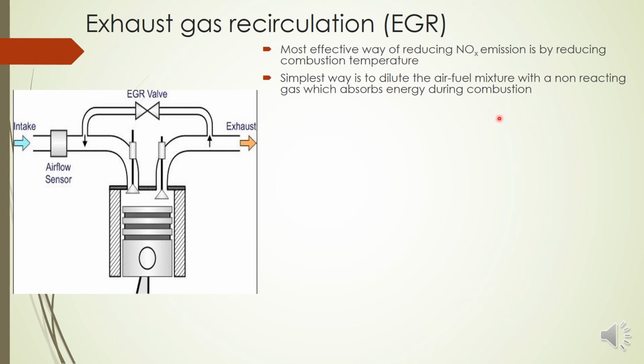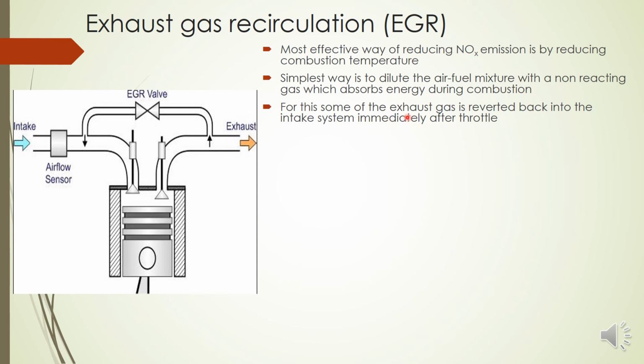So we can give a small percentage of exhaust. EGR means we are sending back a small percentage of exhaust into the system, immediately after the throttle. Here we have a throttle valve which is connected to your acceleration pedal, and after that we provide this exhaust gas using an EGR valve.